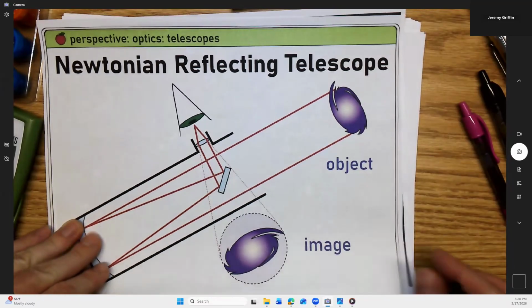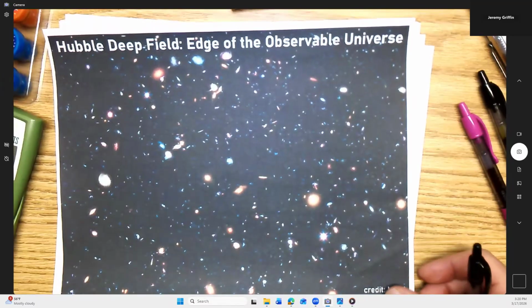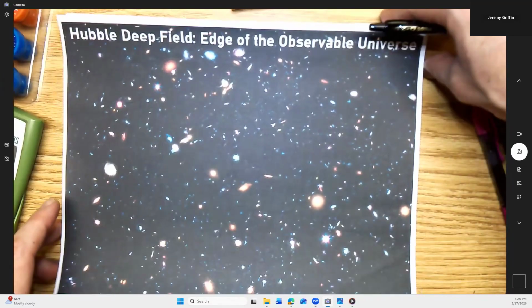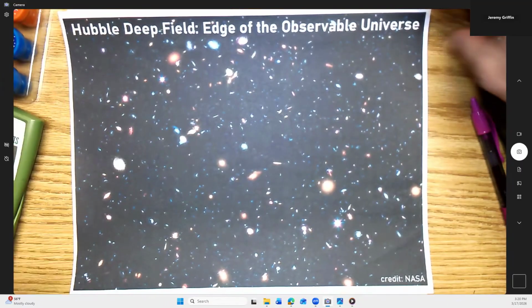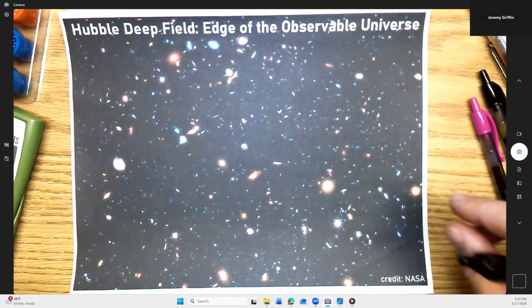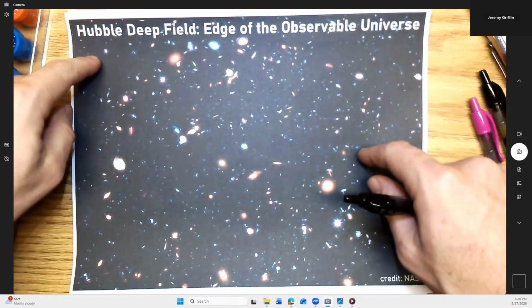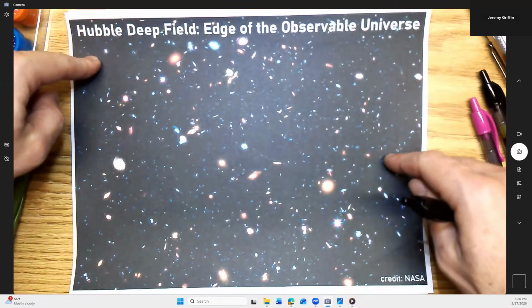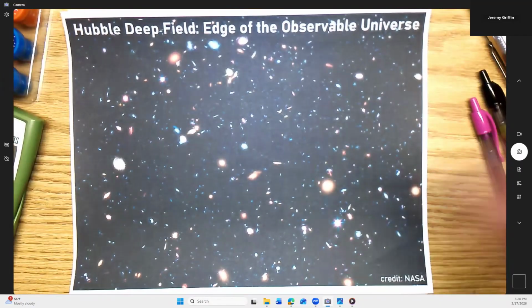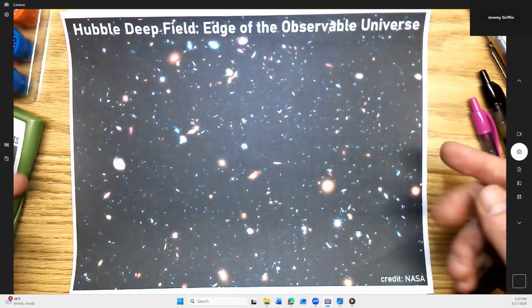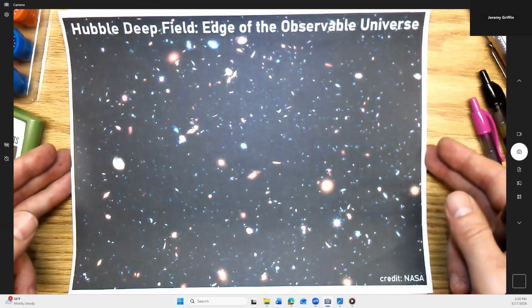Yeah, there you go. Ooh, here's a Hubble Deep Field. This has a fun story behind it. This was originally, I think, back in the 1990s when the Hubble was first in, or maybe it was 2000, I don't know, sometime 20, 30 years ago. Astronomers, of course, want to capture all different images with this telescope, the most powerful telescope at the time.